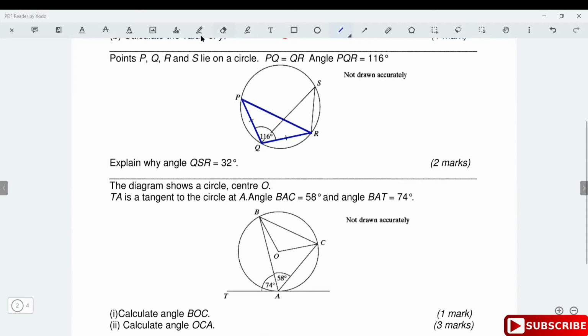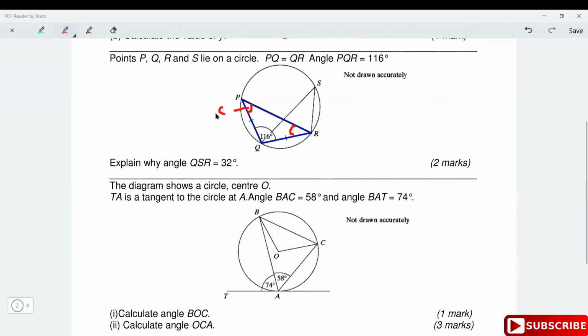So even before we do it, we know that angle QPR, this angle right here, is equal to angle QRP, this angle right here. Let's call it x, just for easy referencing.